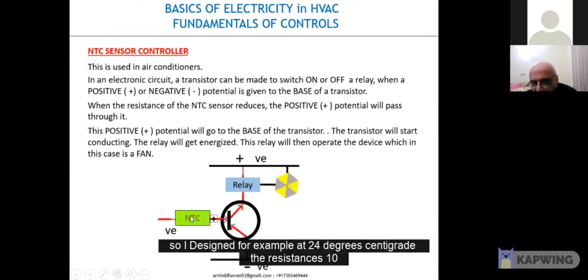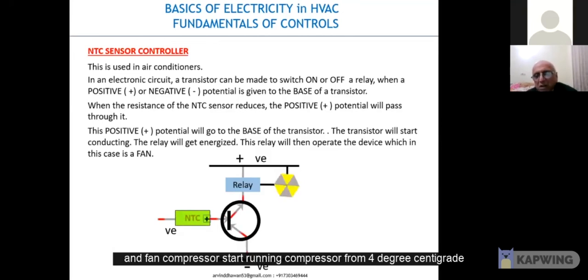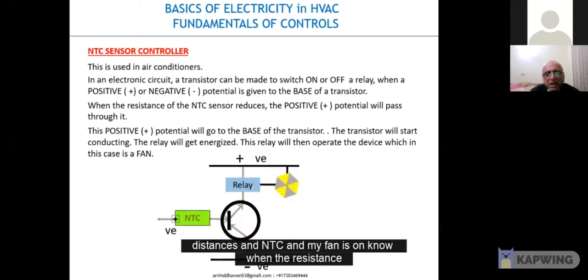So I designed the circuit in such a way, for example, at 24 degrees centigrade, the resistance is, let us say, 10 ohm, and the transistor starts conducting. In the case of the fan, we have a compressor, it starts running. Fine. So at 24 degrees centigrade, the resistance of this NTC is 10 ohm, and my fan is on.